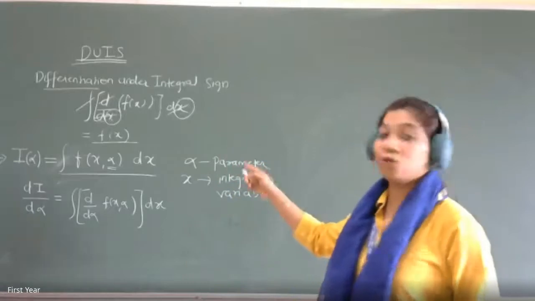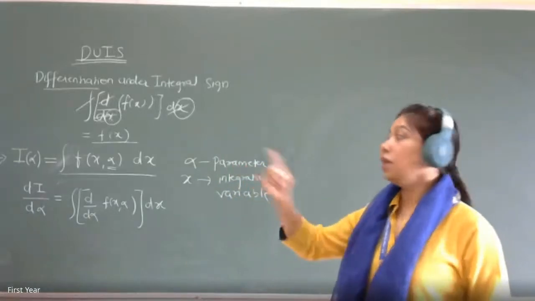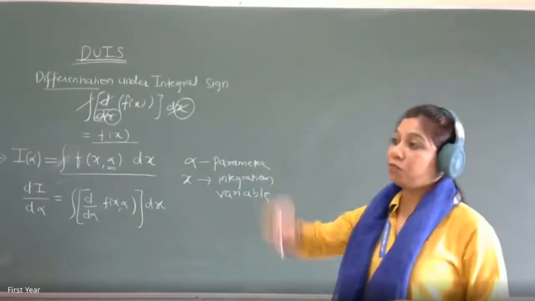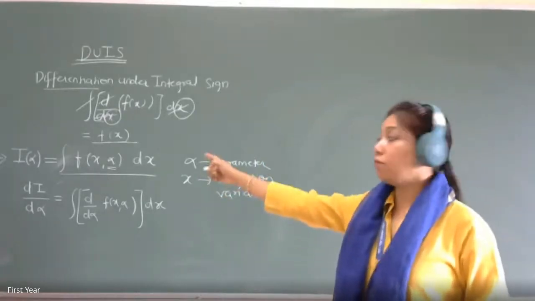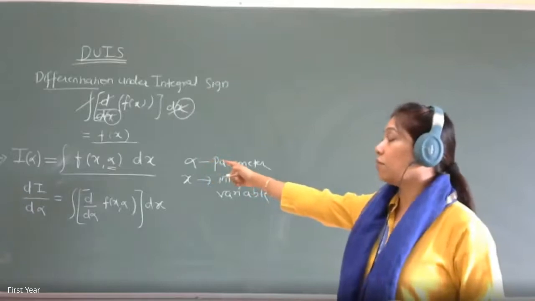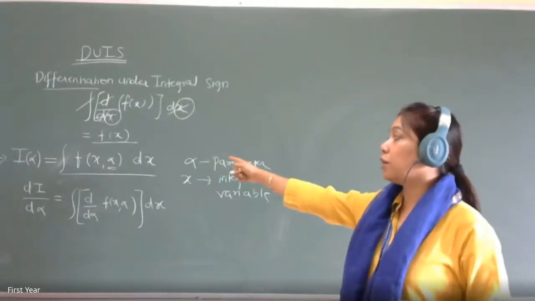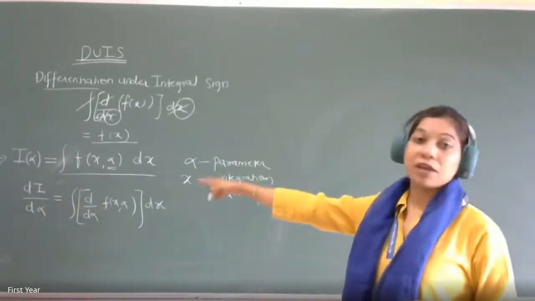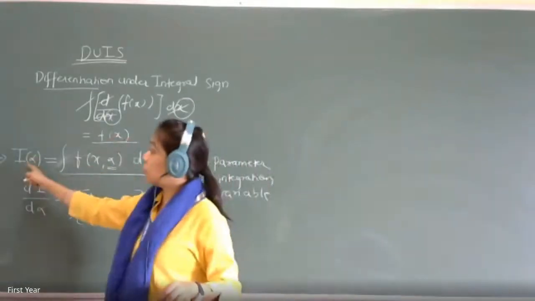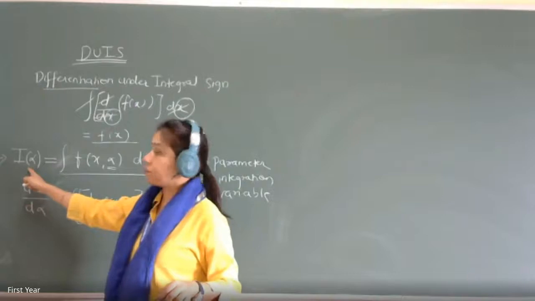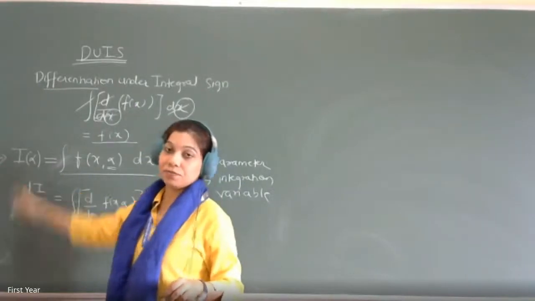So that we are going to do in M3. Laplace transform and Fourier transform are also done in M3, and at that time you will come across such types of functions: integration of f of x comma alpha, where x is the variable with respect to which you have to do integration, and alpha is the parameter, which is the final answer appearing in your integration. Do you understand the difference?